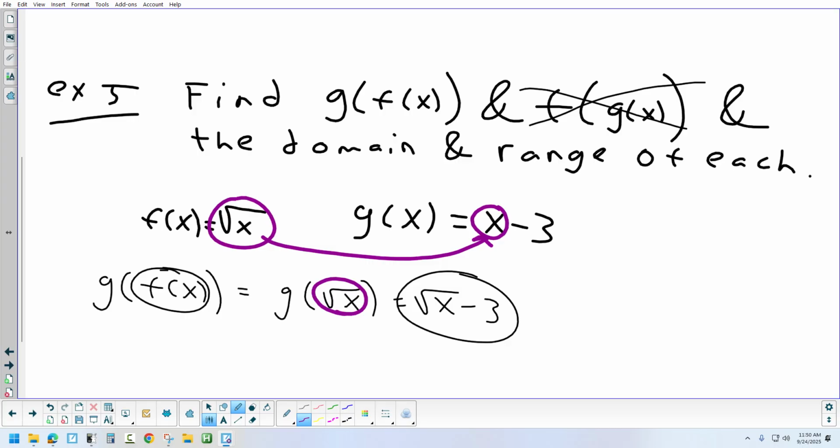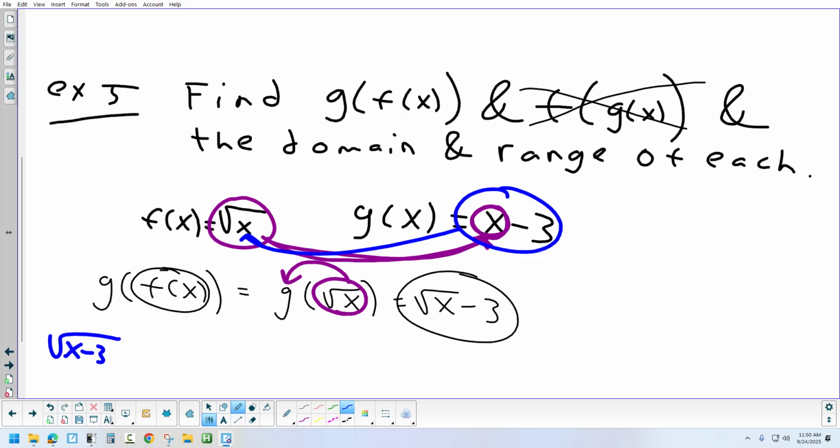So you're taking the square root of x and you're plugging it in for the letter in G. You're only subbing in the letter. You're taking this and you're filling it in here. You're not taking all of this and filling it in there. That would be the square root of x minus 3. Can't leave it on the outside. You can't square it.